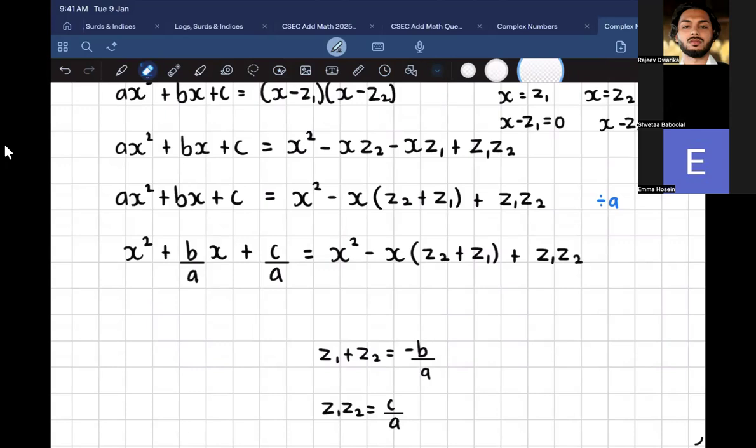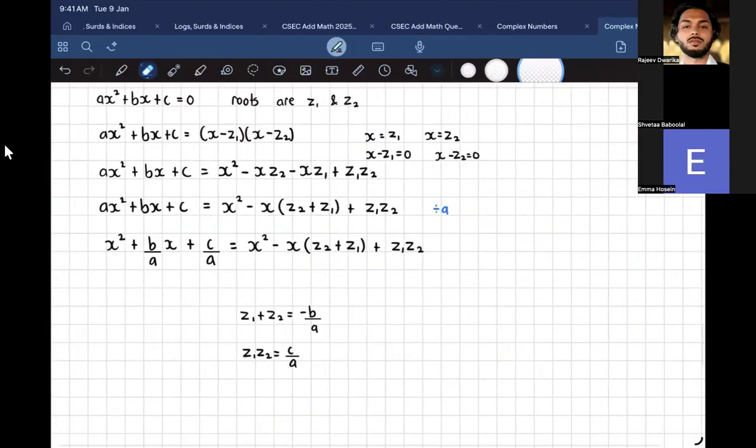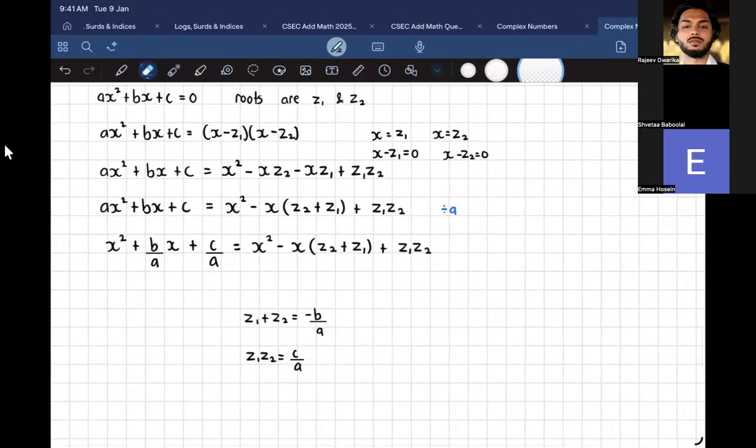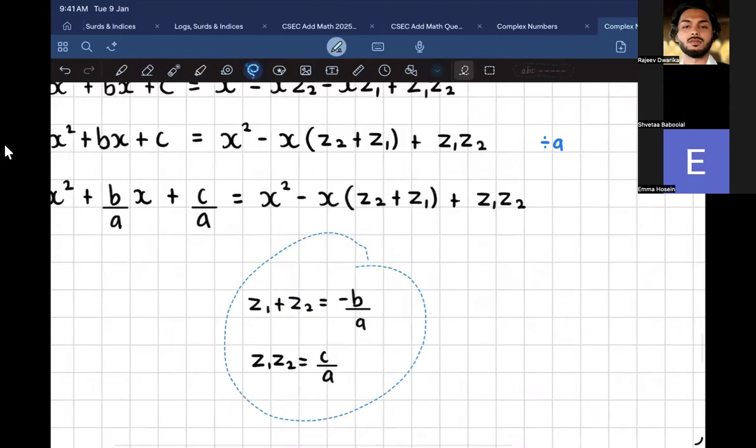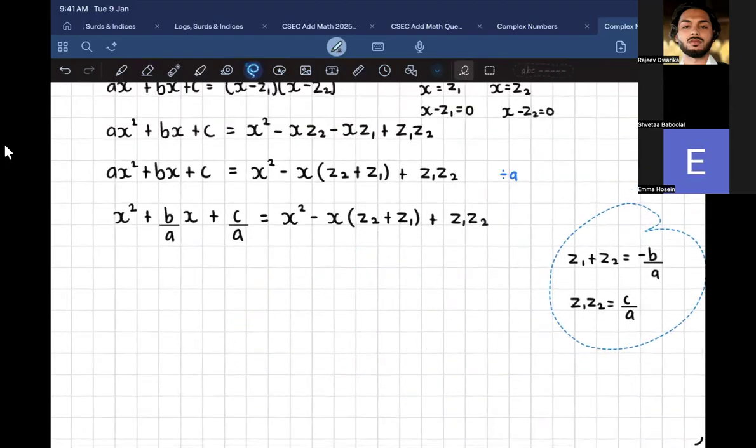Ah, but she used the same minus b on a and c on a. Well, that's interesting. I think it's good to know how they come up with it. I was always sure how and why they got to that point. She doesn't always show us everything. She shows us more what she thinks we would be comfortable using. I see.